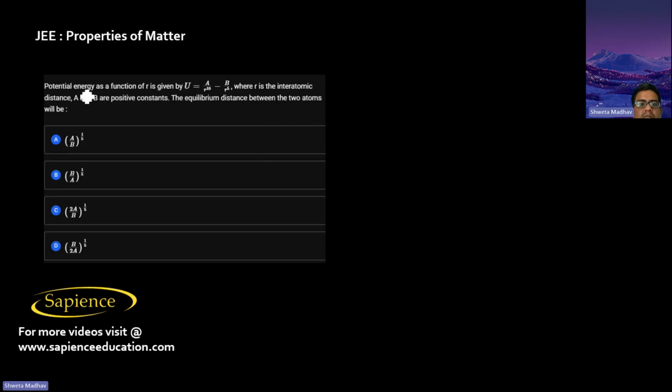And here it is told potential energy as a function of r is given as U equal to A by r power 10 minus B by r power 5, where r is the interatomic distance, A and B are positive constants. The equilibrium distance in between the two atoms will be.